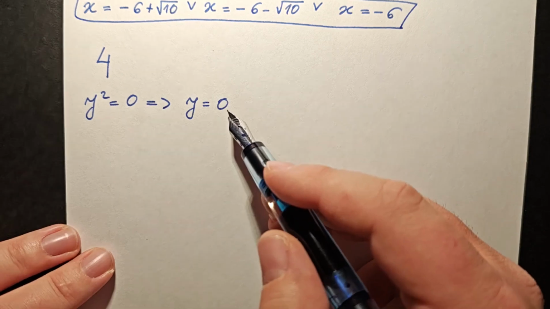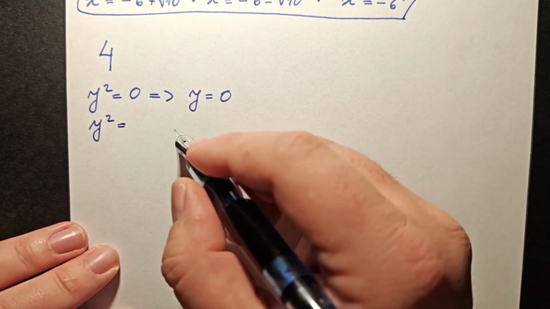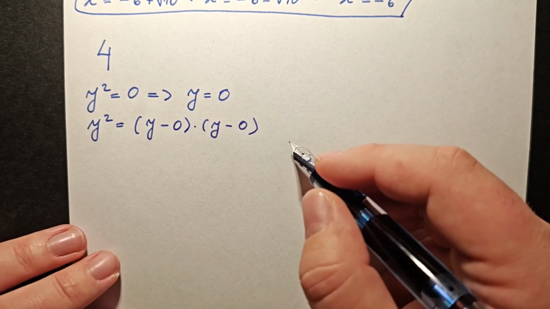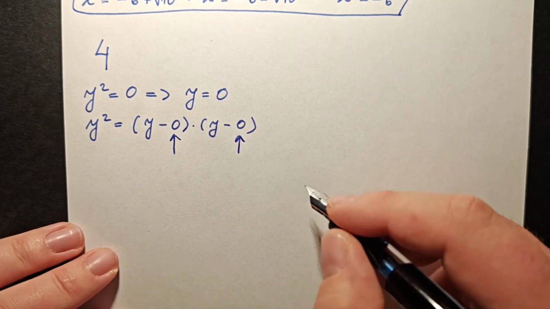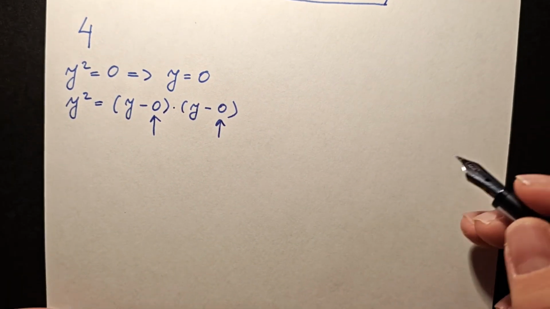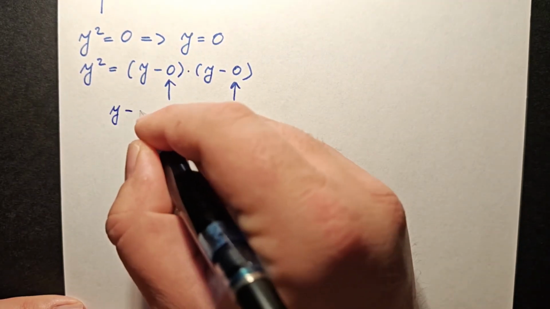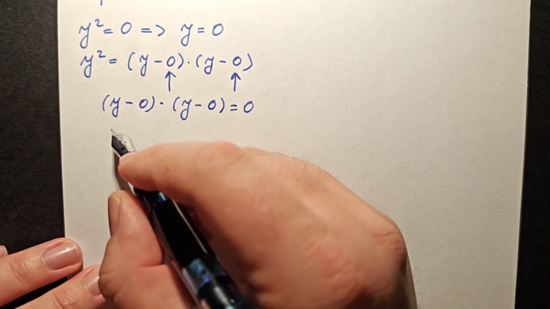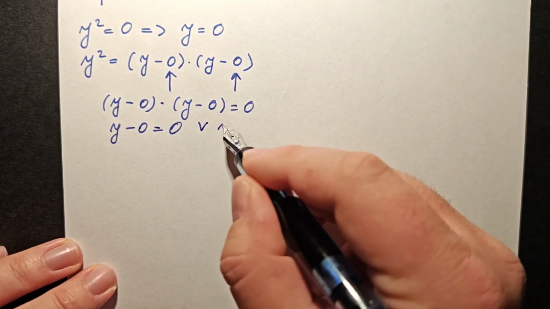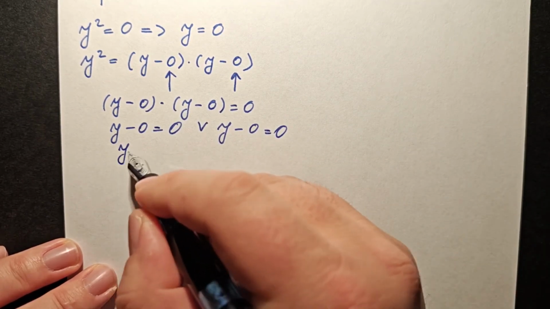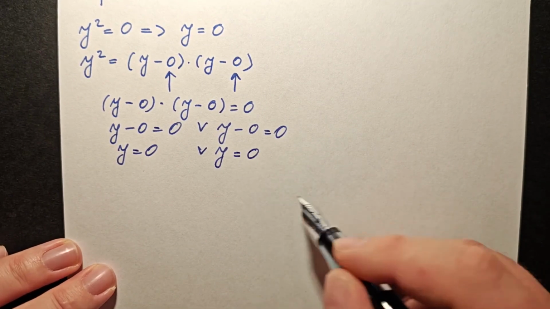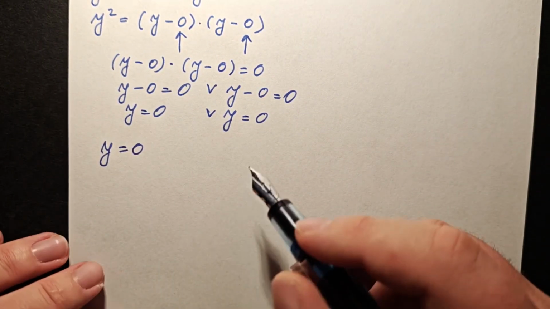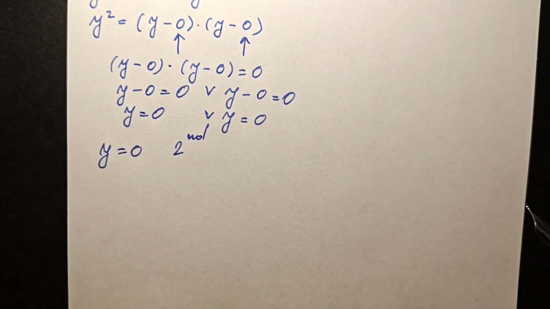The y squared polynomial can be written as y minus 0 multiplied by y minus 0, and 0 appears here 2 times in these linear terms. So solving the equation y minus 0 multiplied by y minus 0 is 0, we get that y minus 0 is 0, or y minus 0 is 0, so y is equal to 0, or y is equal to 0. Y is equal to 0 is a root of second degree of a polynomial.